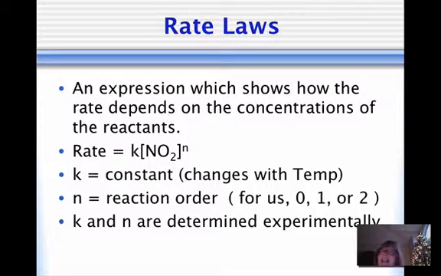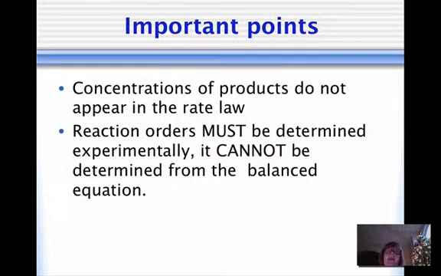So you're not going to get any of the information from the balanced equation. These reaction orders in the rate law can only be determined experimentally. And to calculate a k, you'd have to have a rate, a concentration, and the reaction order in order to solve for k.